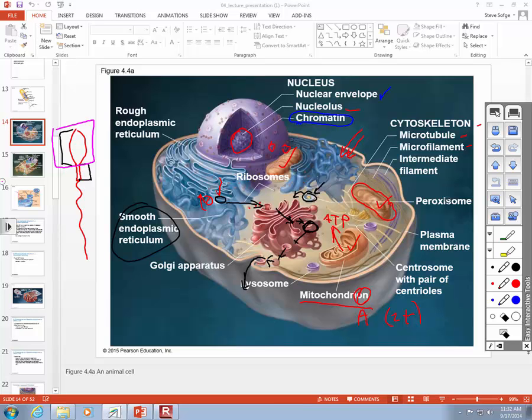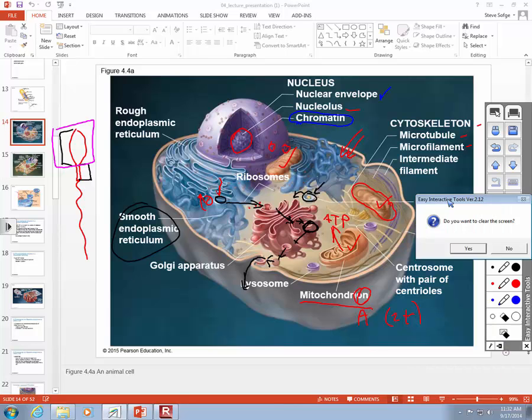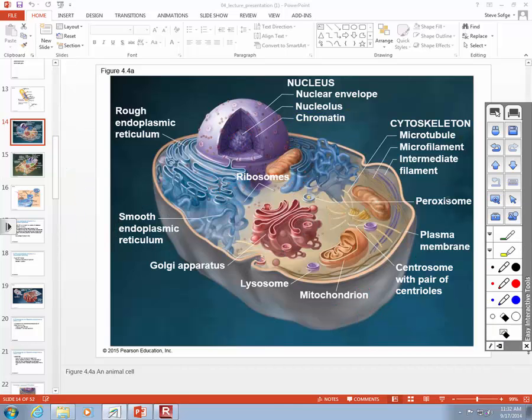Okay. Other structures. Let's see. I'm about out of color, so I'll erase all that. So let's look at the lysosome. The lysosome is actually a manufactured apparatus. It contains digestive enzymes.